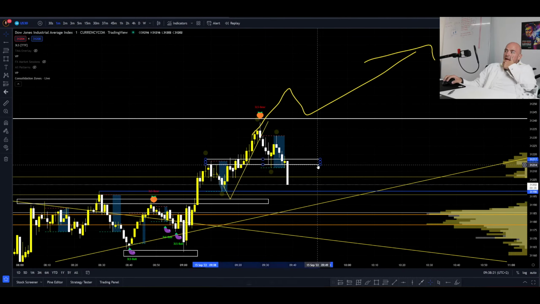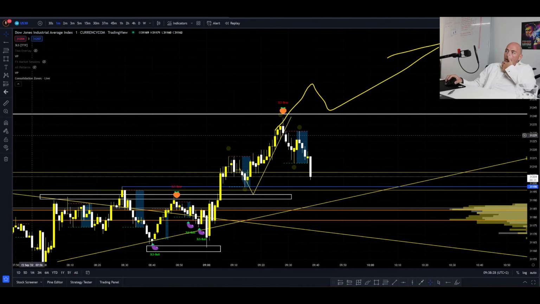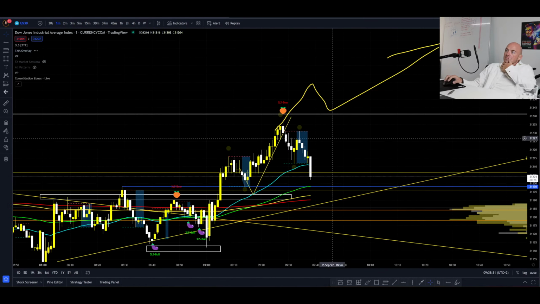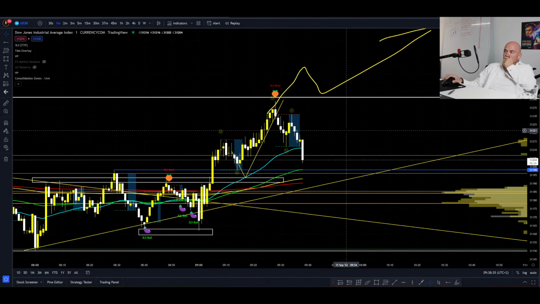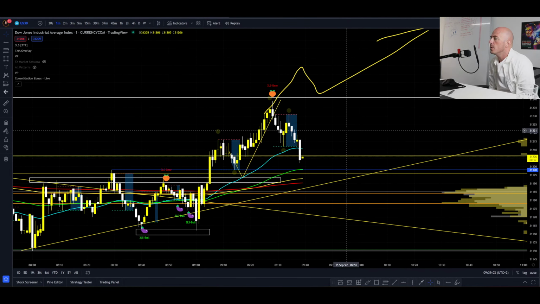And now it's disrespecting that, so structure has been broken. Yeah, I don't see it coming out of this range in the next 21 minutes.